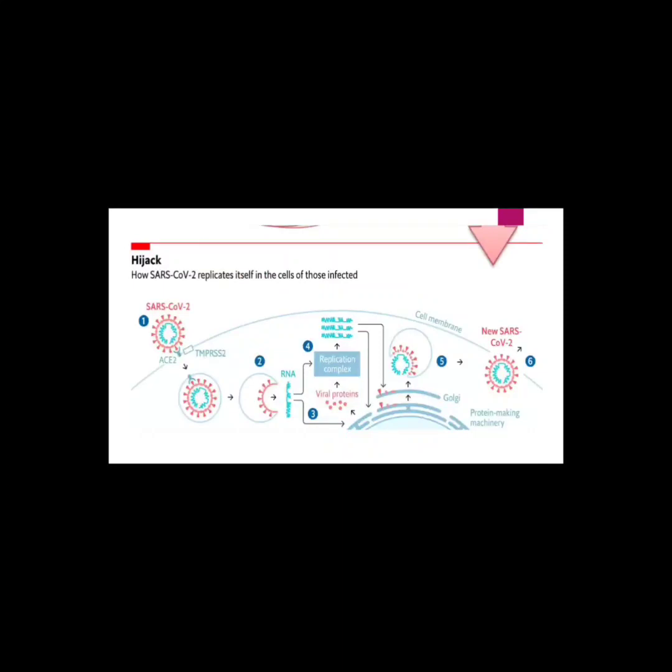Now we will see how the virus enters the cell and its interaction with the cell. As we studied at the start in the structure of the virus, it has 4 proteins: spike, envelope, membrane, and nucleocapsid. Here, the spike protein plays the most important role in viral attachment, fusion and entry with the help of ACE2.